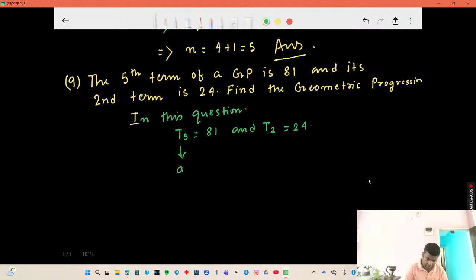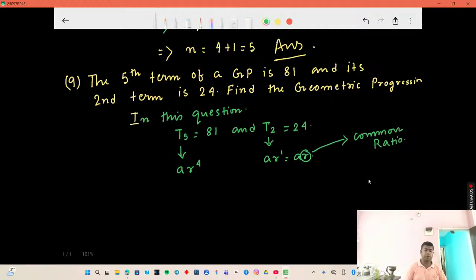It will be A into R to the power 4. And what will be the value of T2? The value of T2 will be A into R to the power 1, which is AR. Is it clear to you? So now we will divide these two to find the value. What is R? R is nothing but the common ratio.